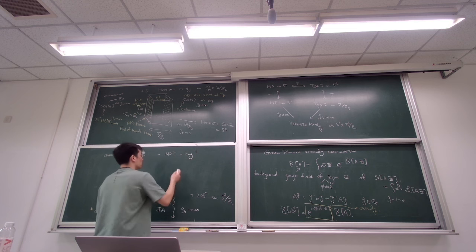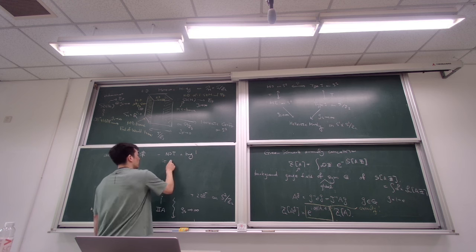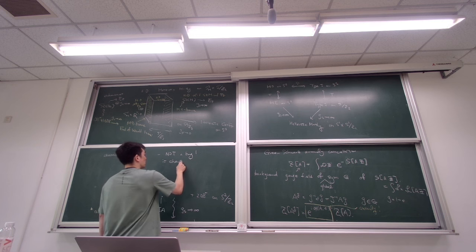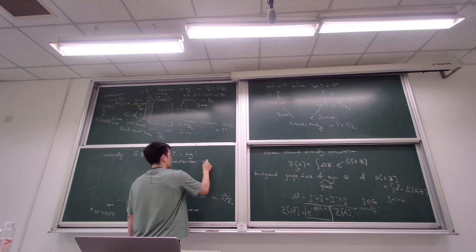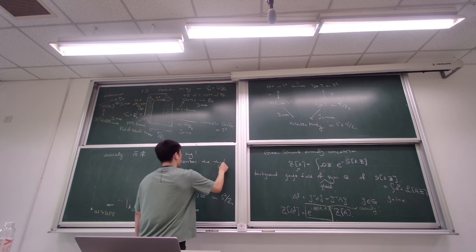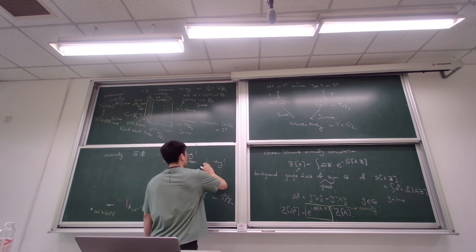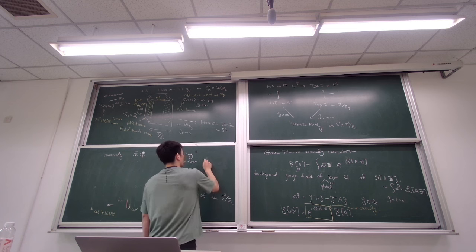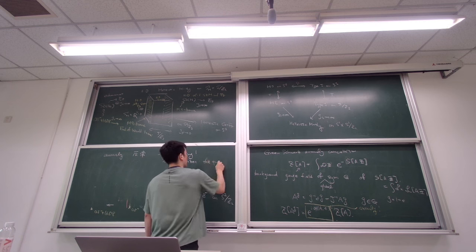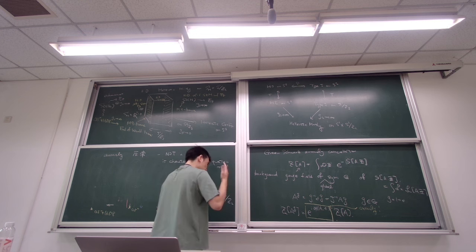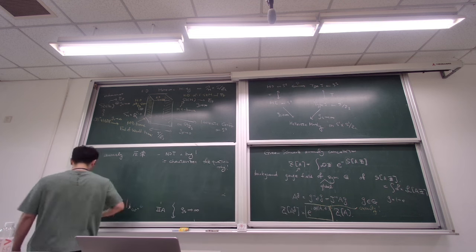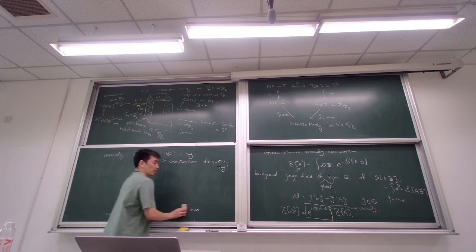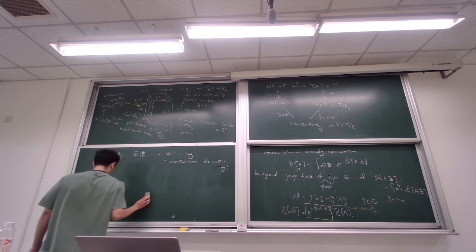Not something bad. It characterizes the theory. So it's a quantum theory. The quantum theory. It's one of the very basic information one can study for the quantum field theory.